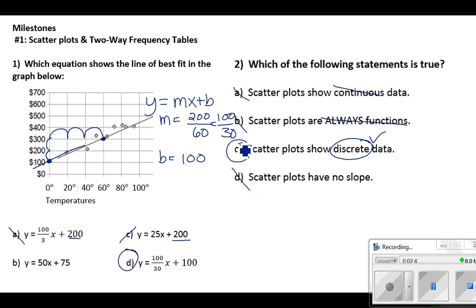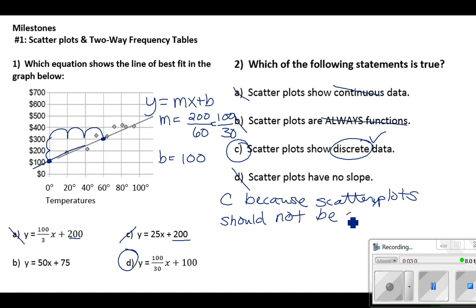So clearly it is C because scatter plots, say that one word, scatter plots should not be connected. The points should not be connected.